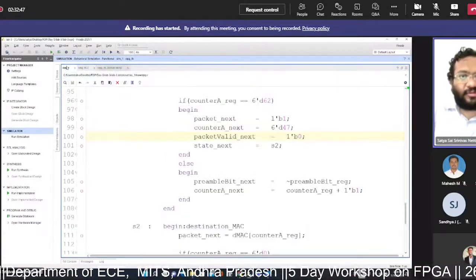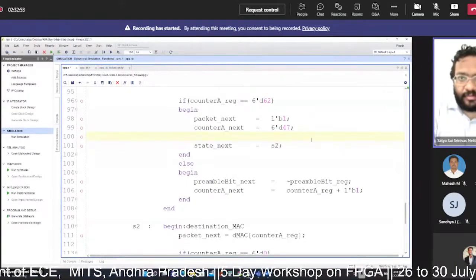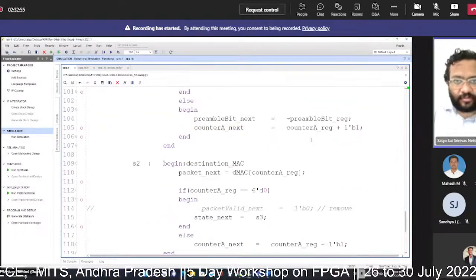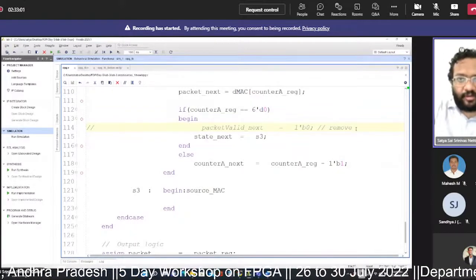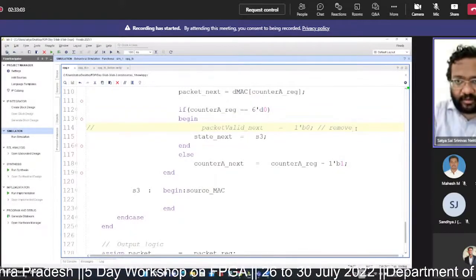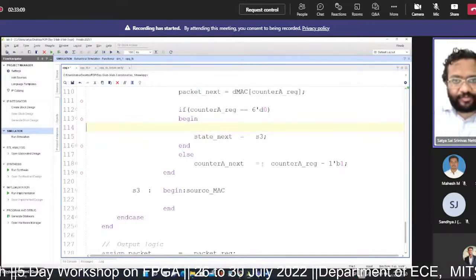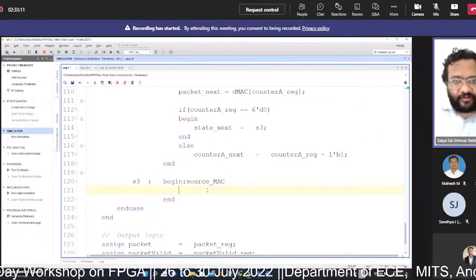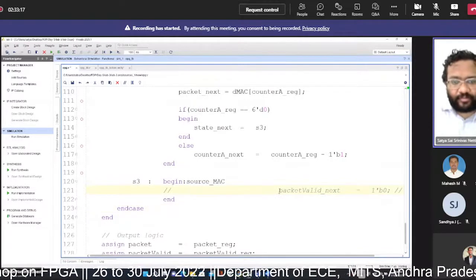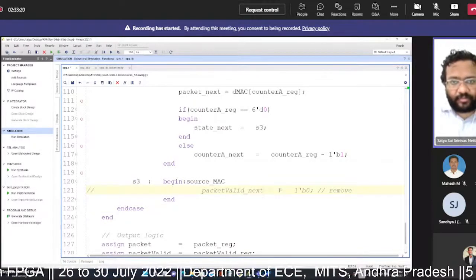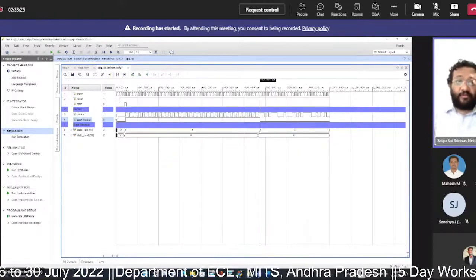Okay, okay. Once it is transitioning, actually I should not keep this. I have to keep it here. Now I will be getting 112.